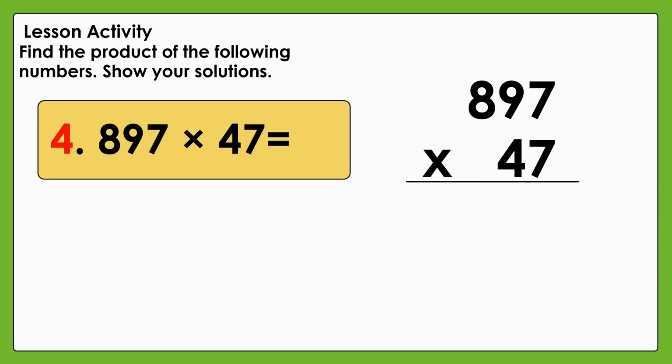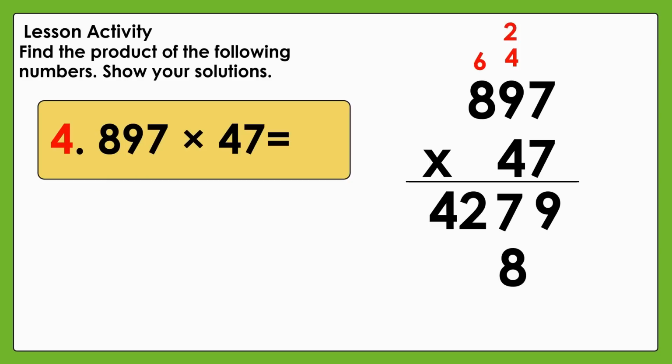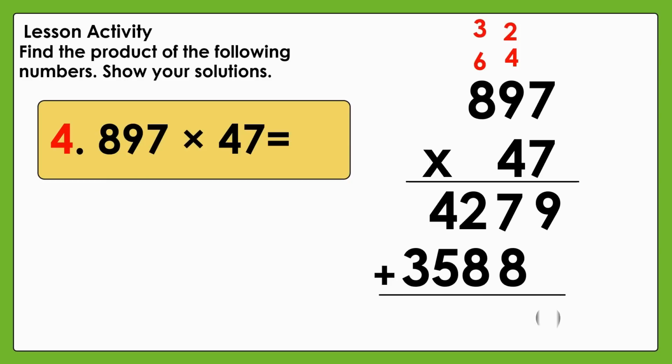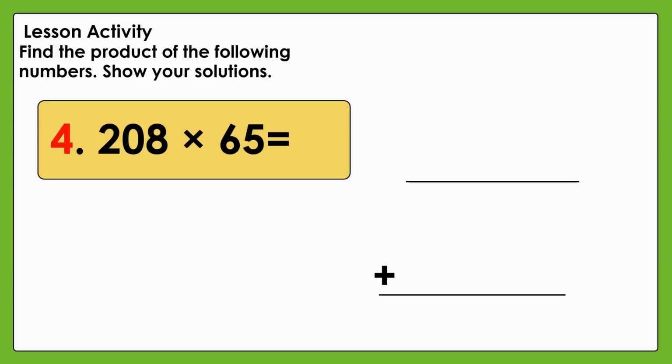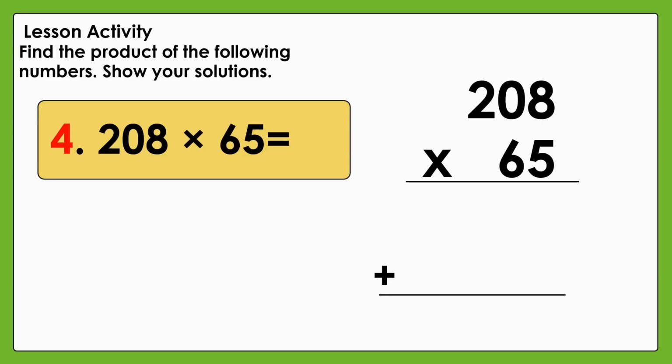Number 4, 897 times 47. The answer is 40,159. Number 5, 208 times 65.